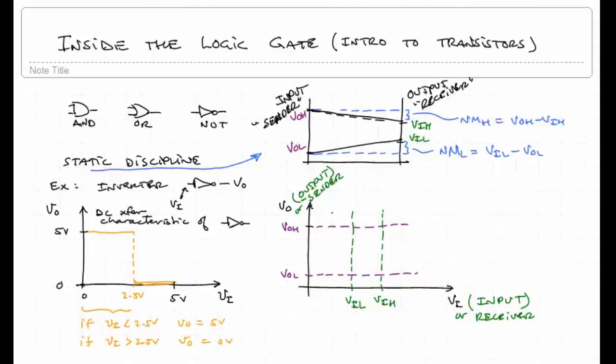So let me try to depict that here. I'm going to put some cross hatching here. Let me extend this. I'll explain this in a second. So our transfer characteristic must lie in this hatched area.